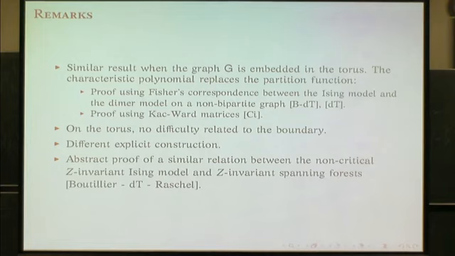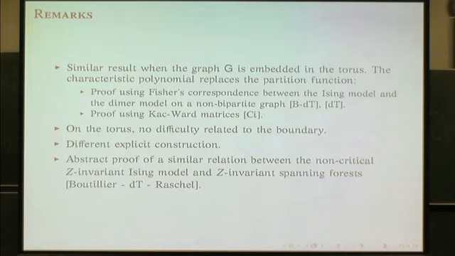Recently, with Cédric Boutillier and Kilian Raschel, we also have a proof of equality for characteristic polynomials for the torus. It's an abstract proof, like in this paper, proving equality between the characteristic polynomial of the Z-invariant Ising model away from criticality and Z-invariant spanning forests, which correspond to spanning trees away from criticality.